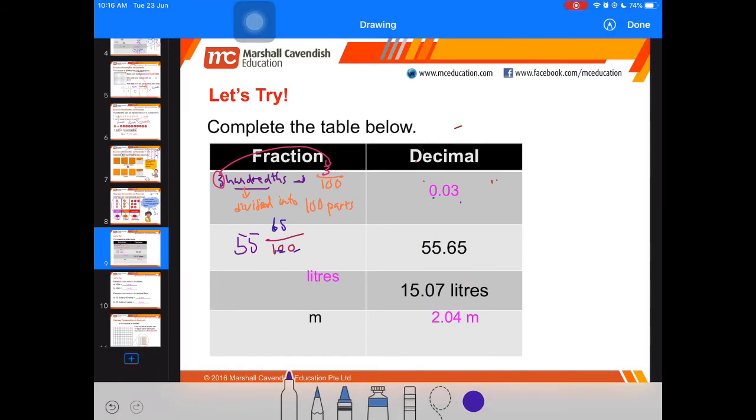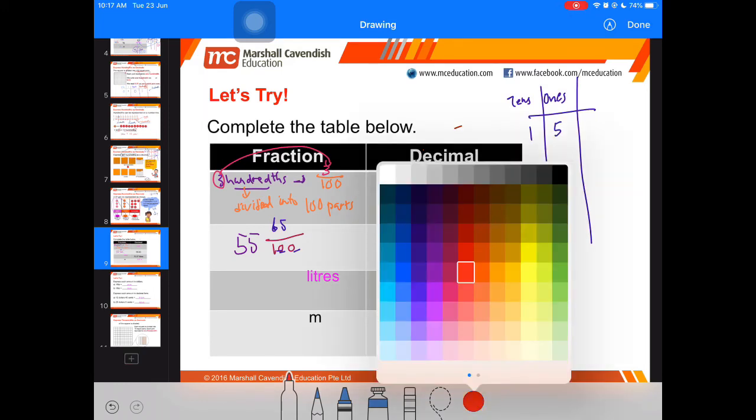Okay, let's start. 15.07. So 15, let's just erase the 0.07 and just look at 15. 15 by now you should know tens and ones. You should know that 15 is 1 ten, 5 ones. Easy? Then followed by your decimal point.